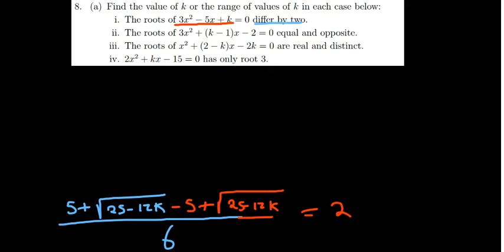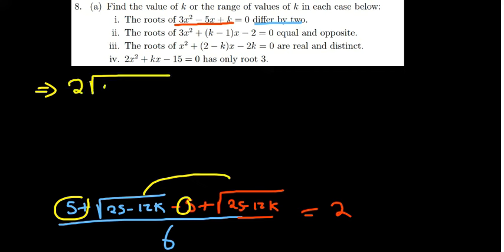So what do we expect at this point? So 5 minus 5 will go away. Then these are like terms, which will give us a 2. So I have 2 root of 25 minus 12k over 6 equal to 2.